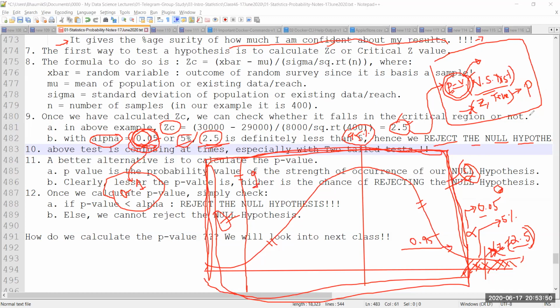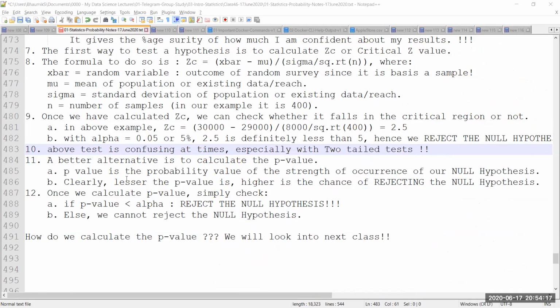Now, if I calculate a p-value and it comes out to be a decimal, let's say 0.0062, or something else which is less than 0.05, the comparison becomes easy. I can simply look at these two numbers and say, very good, my p-value is less than alpha, so I'm simply going to reject the null hypothesis. And that's exactly what we are going to do when we look at p-testing.